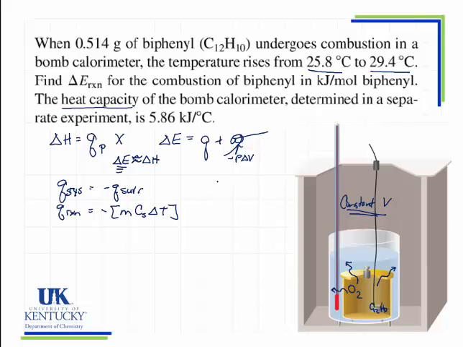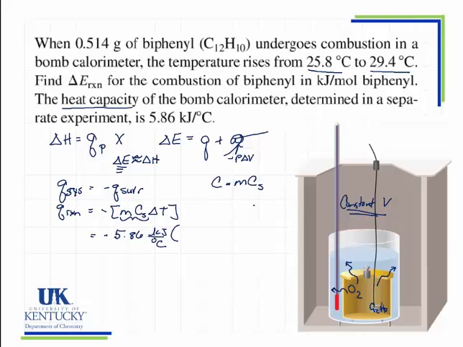Well, heat capacity is the mass times the specific heat. So they are giving me these two things combined when they're giving me the heat capacity. So I will plug that value in of 5.86 kilojoules per degree Celsius. Notice in the denominator it doesn't have the mass that you're used to seeing when you have a specific heat capacity.